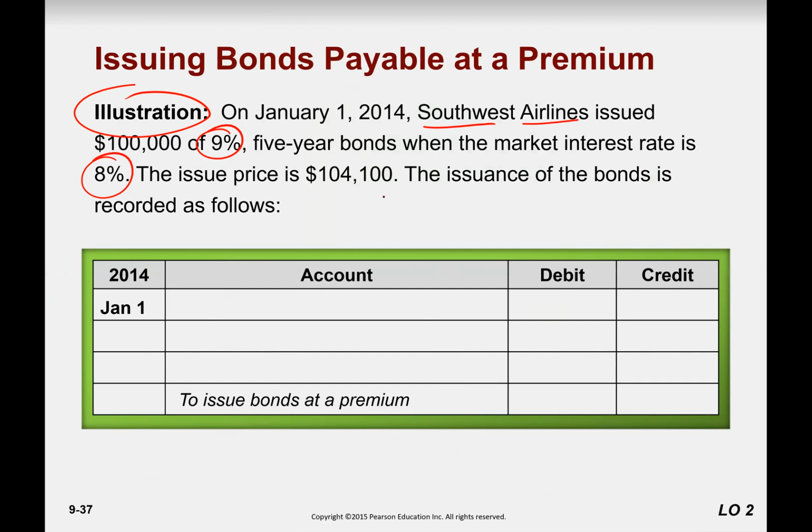And they receive 104,100. So what is the entry on January 1st? They receive cash, higher cash.